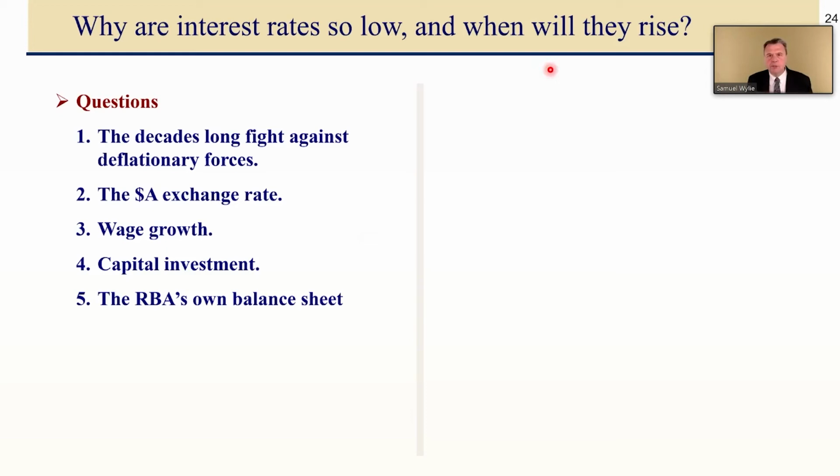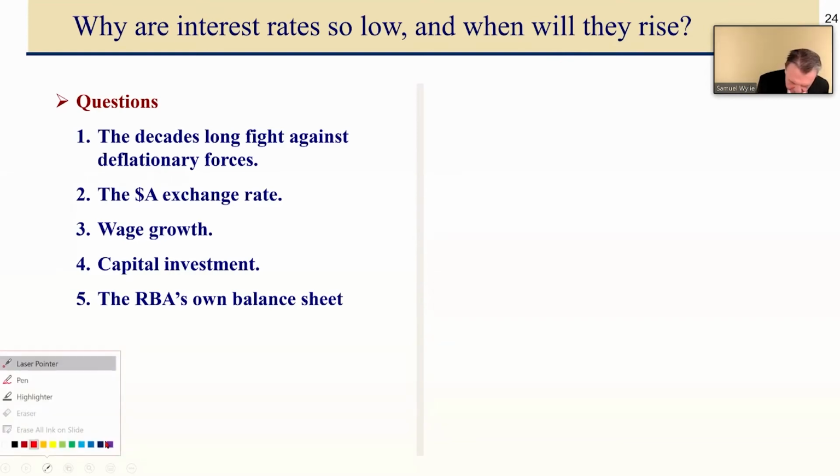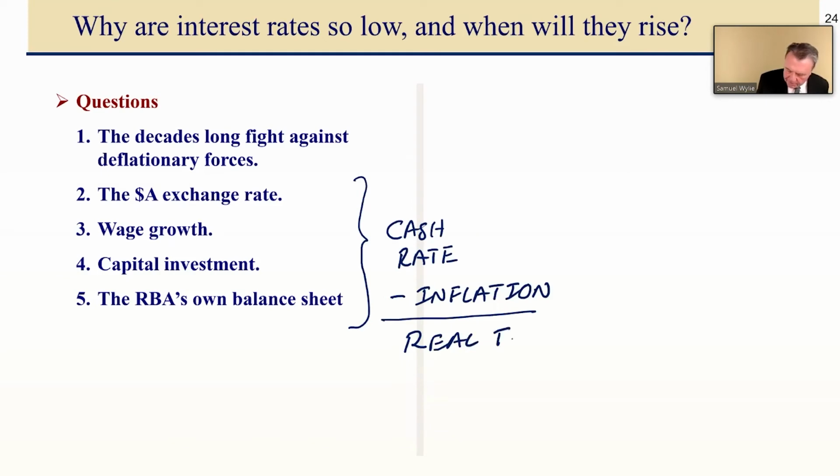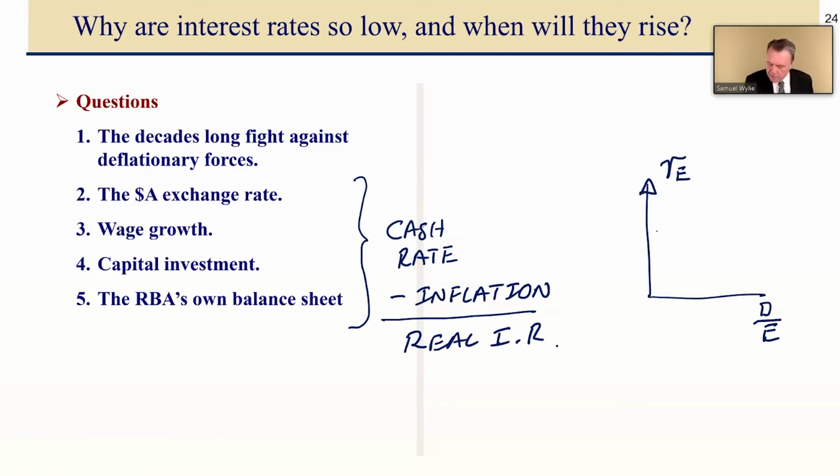Now, we don't know. Real interest rates depend upon what the cash rate is. So these 4 things are going to drive what the cash rate is, and of course, the cash rate minus inflation is going to give us the real interest rate. And that's what we've been talking about. That's what's been driving up the slope of our curve, where we have leverage on the x-axis and the expected return on the investment in property or in shares up here.